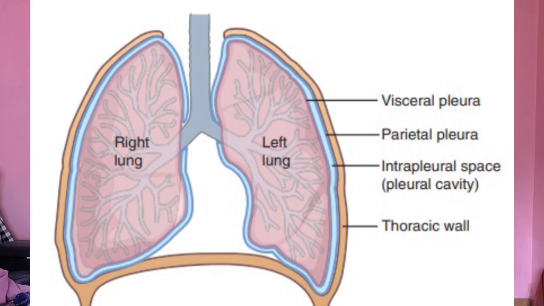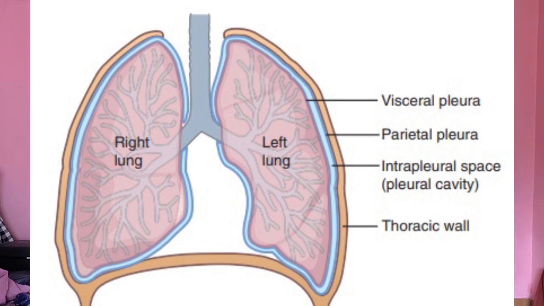Now please see this diagram, and with its help I am going to explain the parietal pleura. See that the parietal pleura is the outer layer of the pleura, and it is attached to the chest wall, and this parietal layer of pleura does not adhere to the lung.